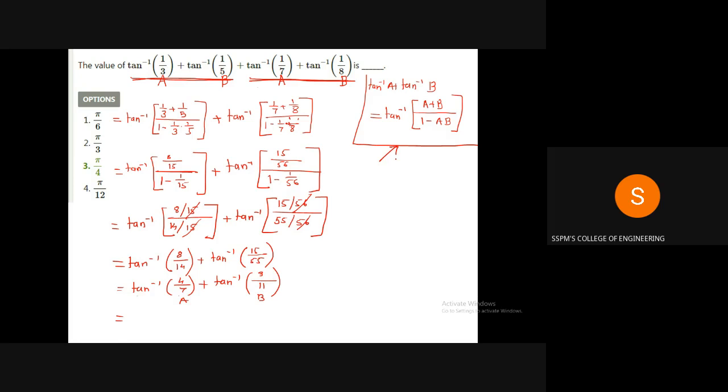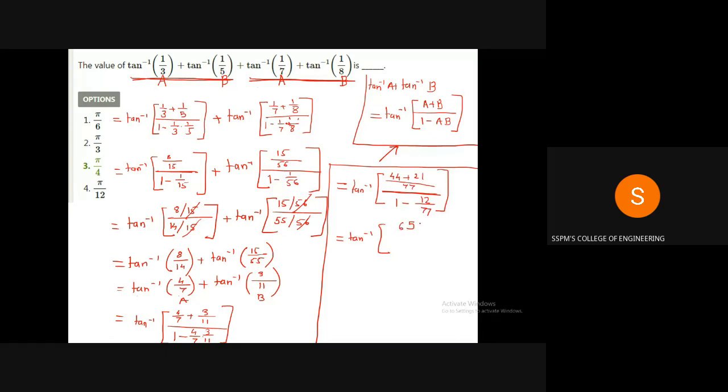So in next step we will get tan inverse, what is 4 by 7 plus 3 by 11? 44 plus 21 divided by 77, whole divided by 1 minus 12 divided by 77, which is equal to tan inverse 65 divided by 77 divided by 77 into 1 it is 77, 77 minus 12, that is 65 divided by 77.